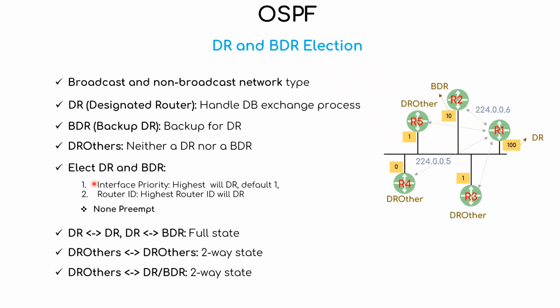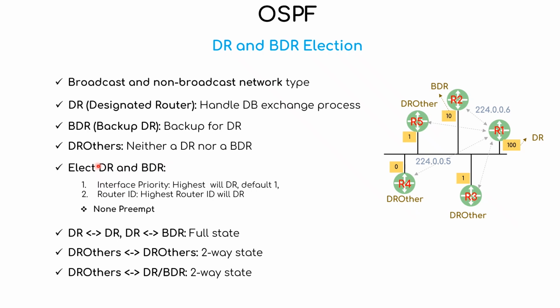The DR and BDR election uses two rules. Rule 1 uses interface priority: the highest interface priority wins. If the interface priority is the same, the router ID is checked, and the highest router ID becomes the DR. The DR and BDR election is non-preemptive. Non-preemptive means that if the original DR goes down, the BDR takes over the DR role.